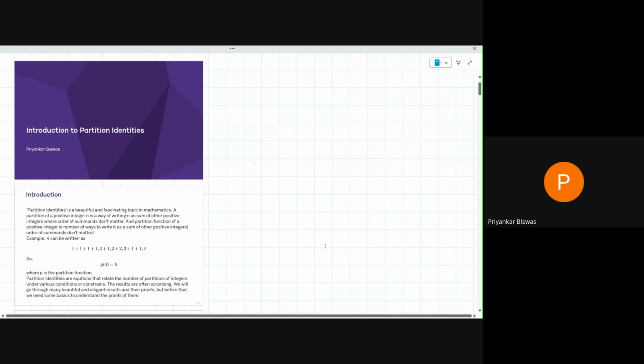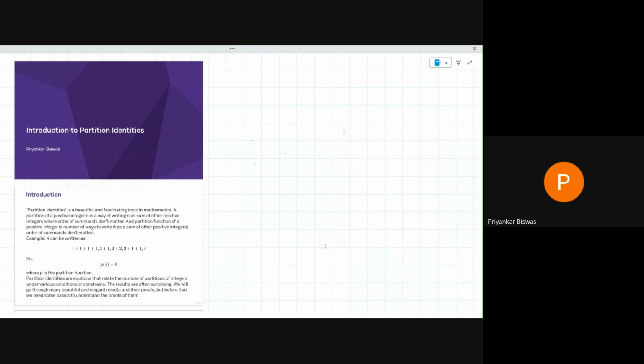So today we'll talk about partition identities. A partition of a positive integer is a way of writing a positive integer as a sum of other positive integers, where the order doesn't matter. The partition function is a function from natural numbers to natural numbers, which gives the number of ways you can partition a positive integer.